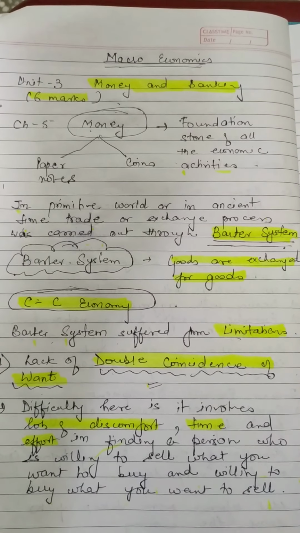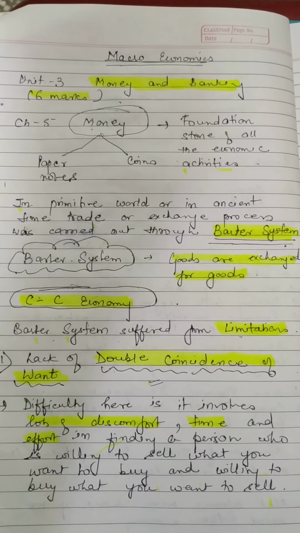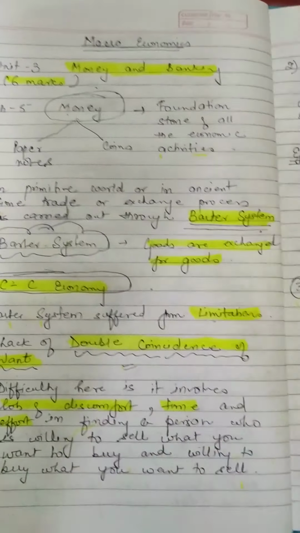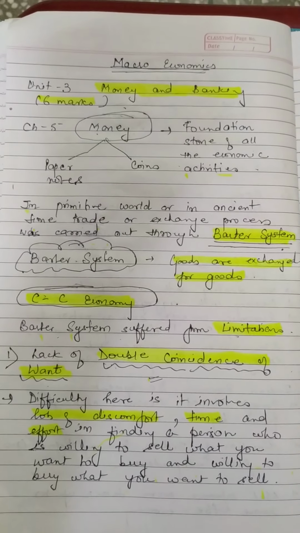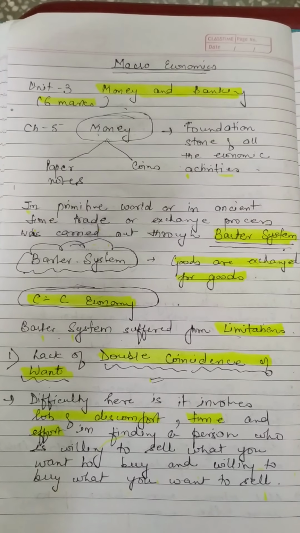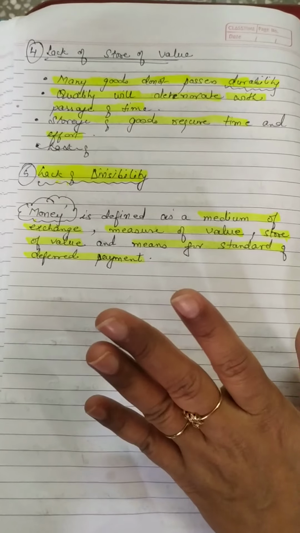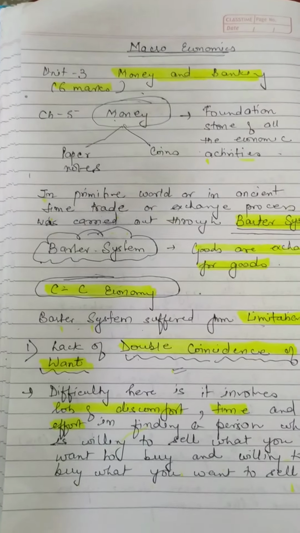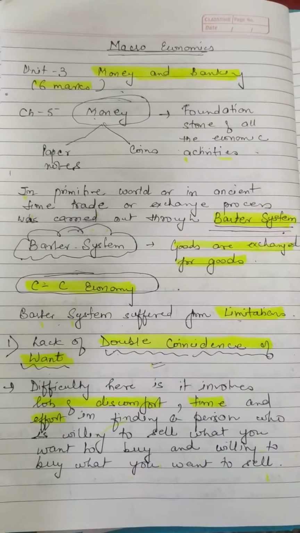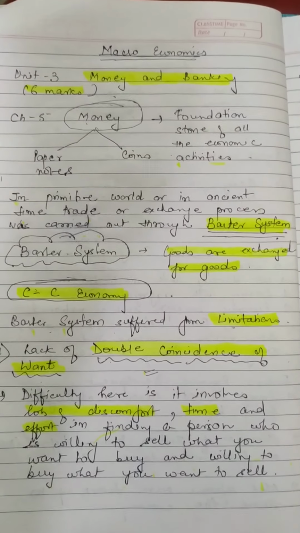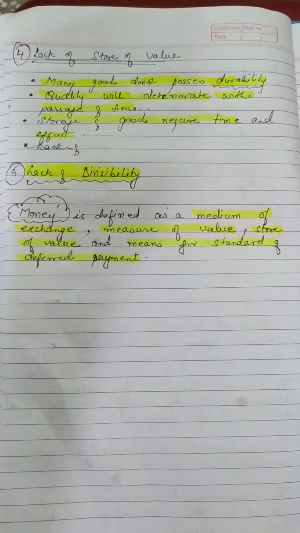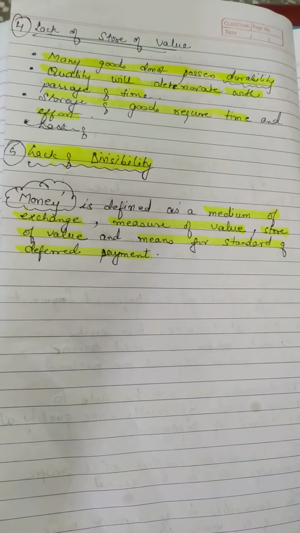This is the book that you can refer, and any other macroeconomics book if you have. In your syllabus, only the definition of money is there. But you will say, ma'am, why are we studying barter system then? Because unless we study barter system and its limitations, we will not be able to understand the definition of money. So that's why we have studied barter system.